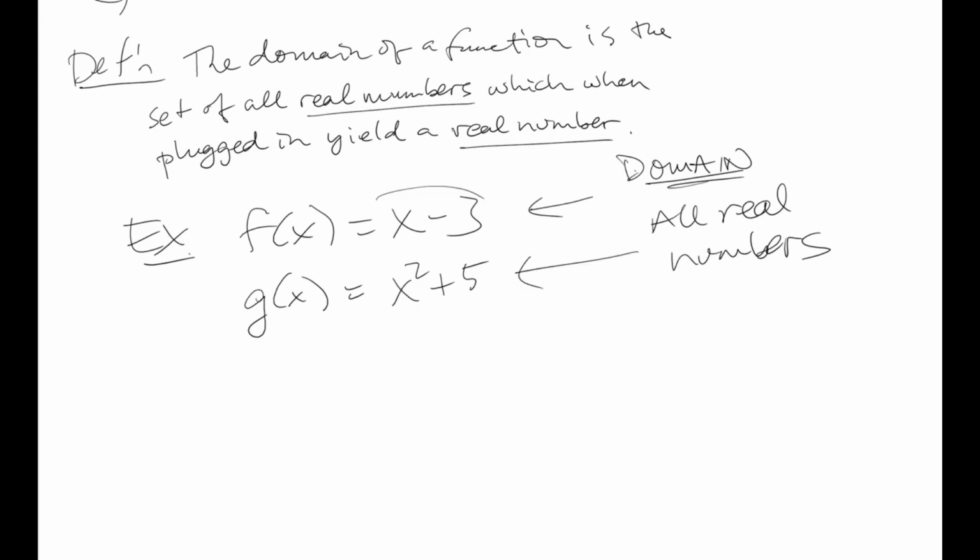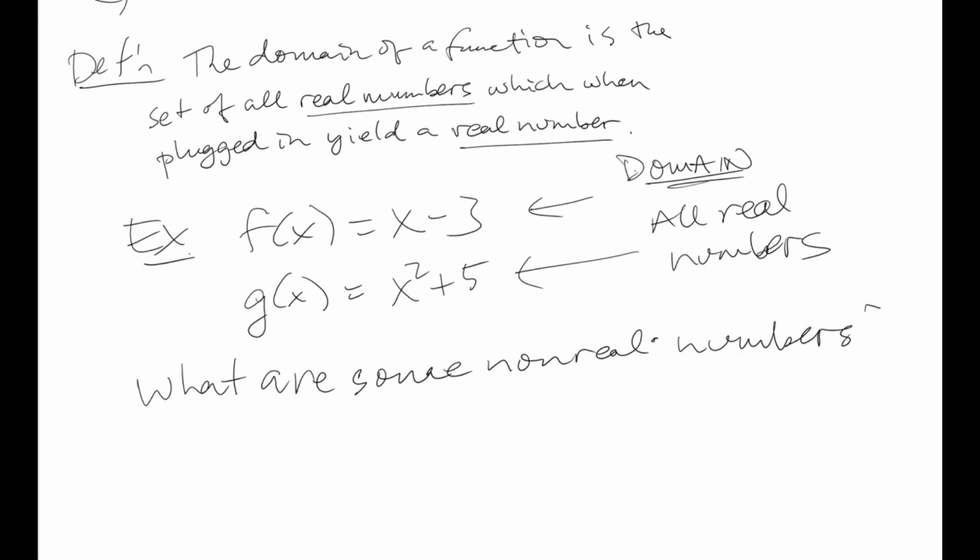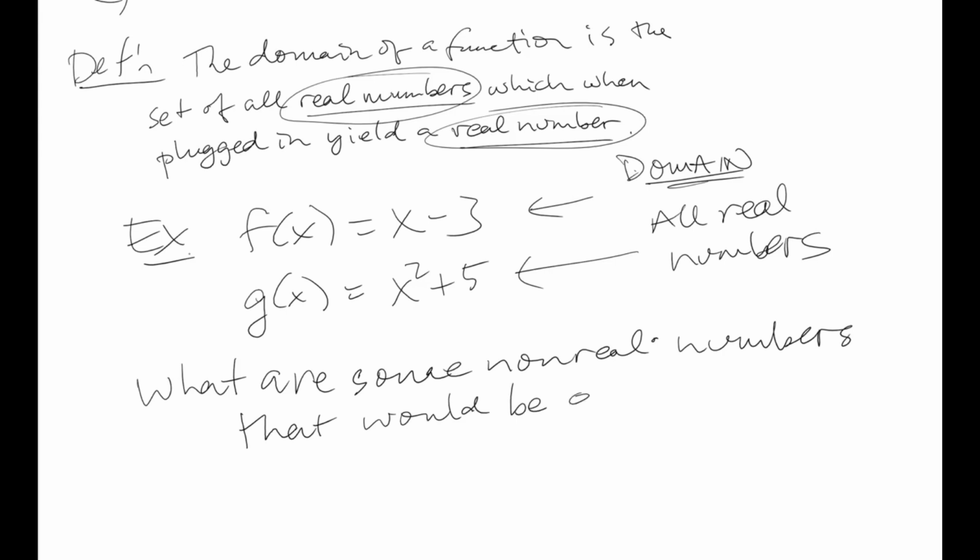All right, so when things don't work, what are some non-real numbers? Because when you plug in a real number, you have to get a real number out. So what are some non-real numbers that would be obtained by plugging in real numbers?